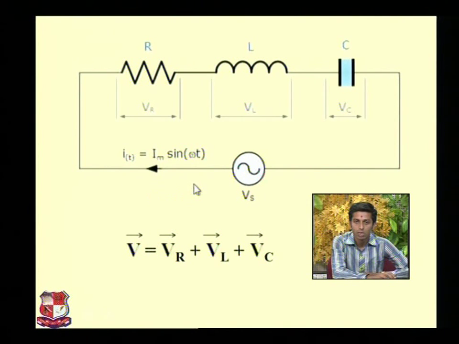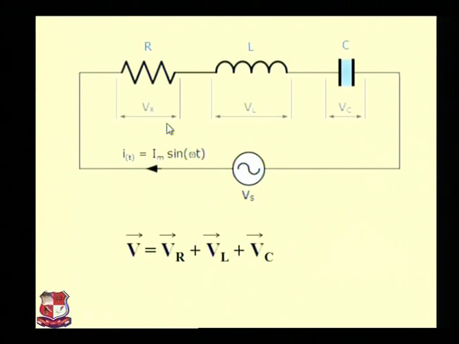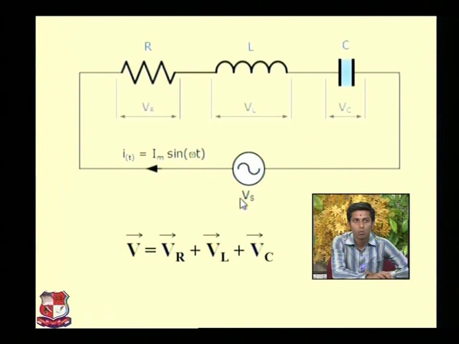If we apply KVL for the series circuit, we get the vector equation V equal to VR plus VL plus VC, because in a series connection the voltage drop across all these three is equivalent to our applied voltage.